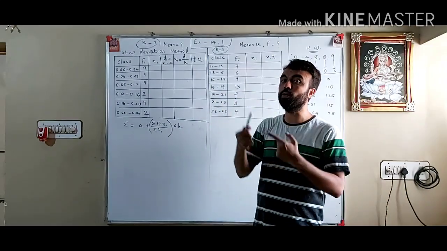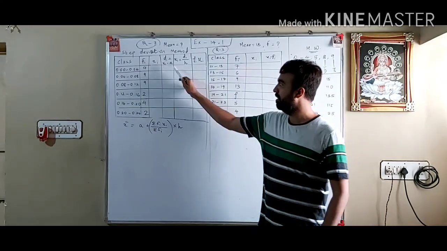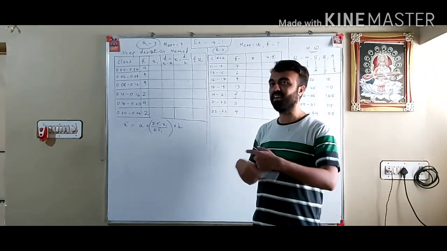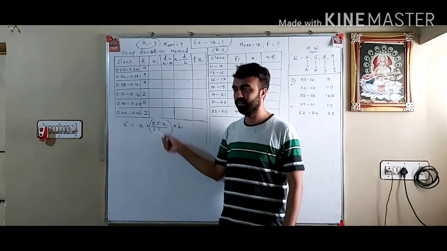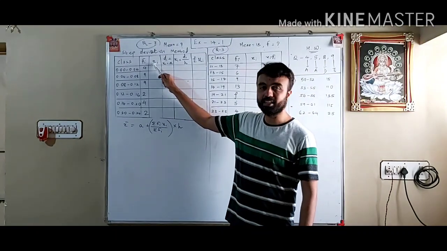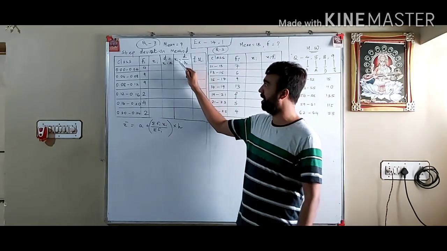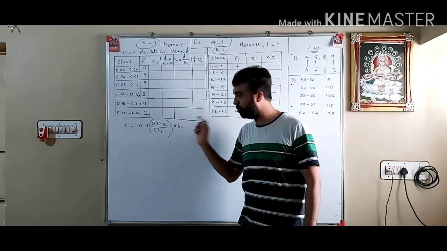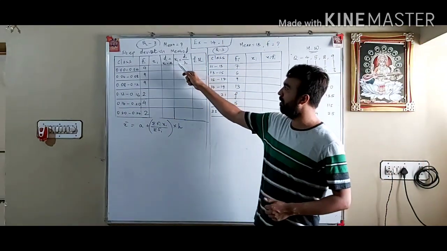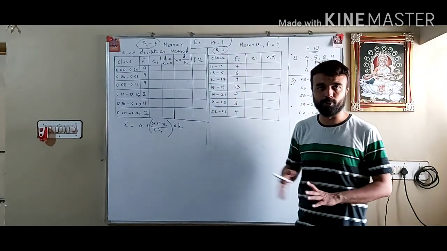Recall the first video lecture, or play the first video lecture. Di is xi minus a. What is xi? Midpoints. So there is a whole link: first you will find xi, with the help of xi you will get di, with the help of di you will get ui, and that ui you need to use over here. So you need to remember the formula of ui. It's not difficult, I'll just show you by example.